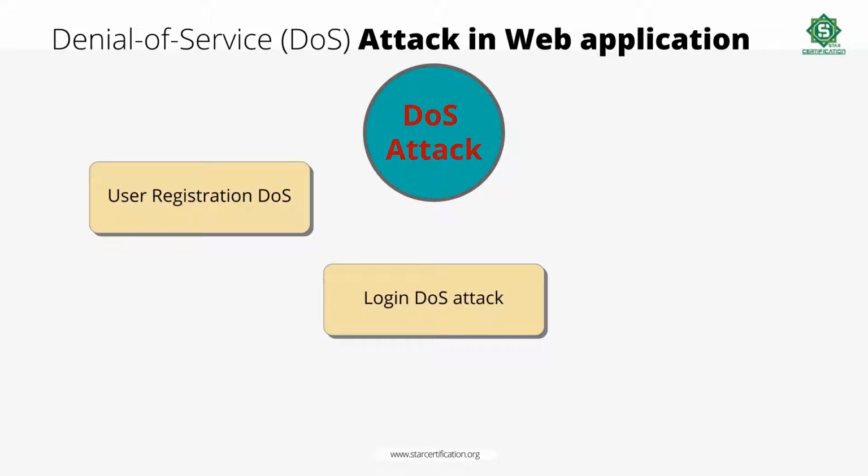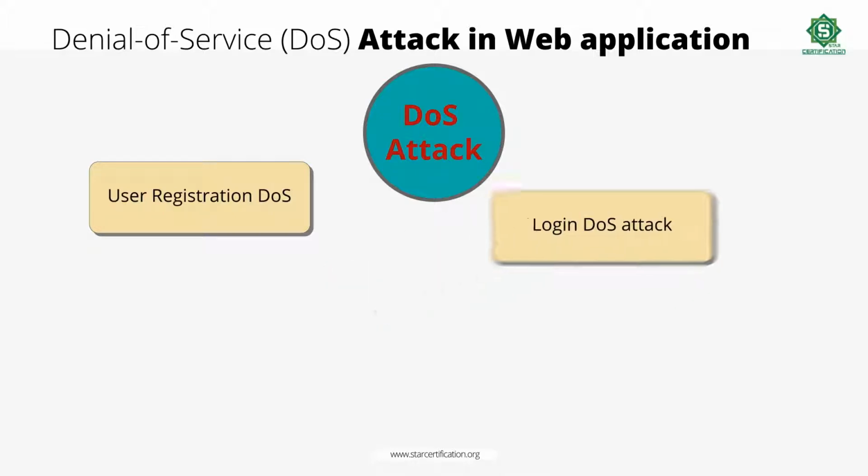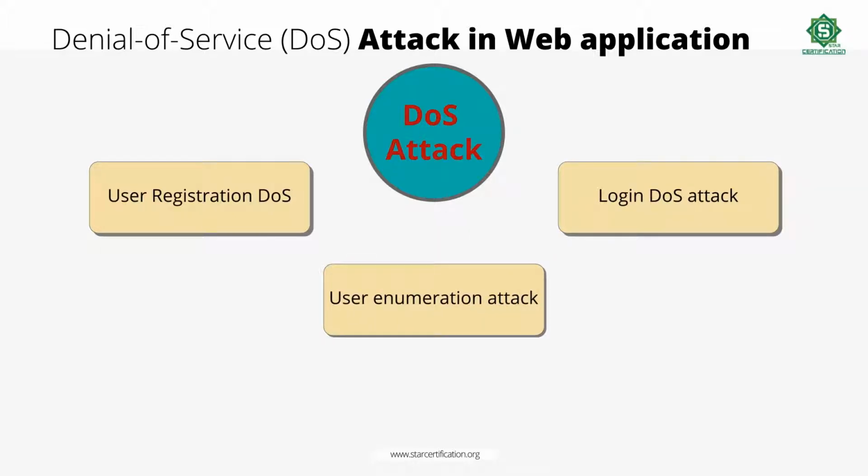A login DOS attack occurs when the attacker sends thousands of login requests to the server, which results in malicious requests, thus making it unavailable for the authentic user, or the server might get slow to respond. In a user enumeration attack, the attacker tries common username and password combinations from a dictionary file to enumerate the users of an application.